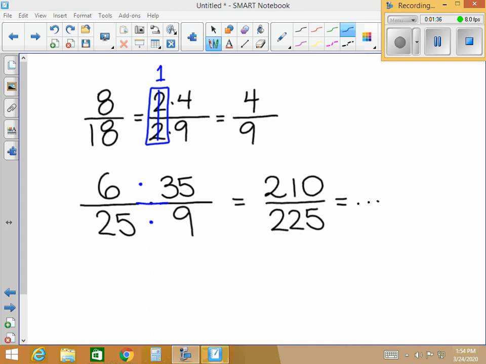I can look at the 6 and say if there's any common factor between 6 and 25 or 6 and 9, I can reduce and get it gone right now.